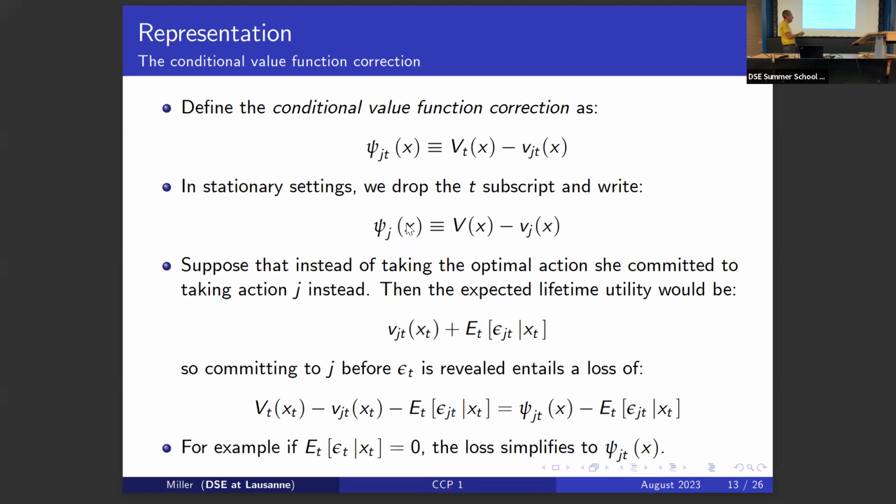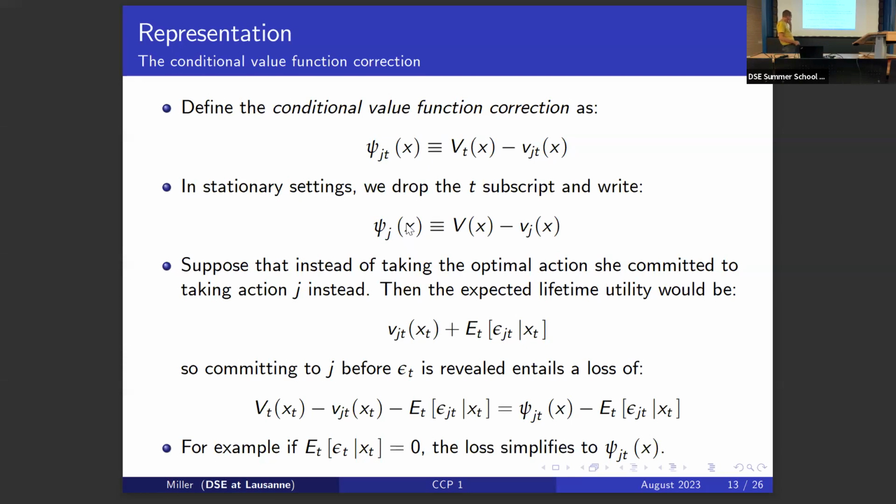You get your conditional value function plus the unconditional. When I say unconditional, you don't see the epsilons. You get the expected value of the epsilons conditional on the state variables. So if you committed to J beforehand, you get this loss. It's just the difference between these two things.